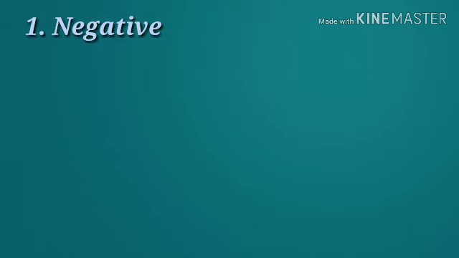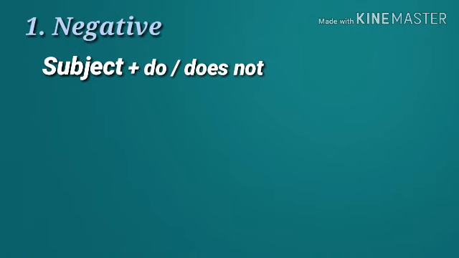To make a negative sentence, it's very important to know the correct structure, which is the subject, do or does, and of course not to make it negative, and the base form verb. Now always remember, because of do and does, the verb should always be in the base form. The subject doesn't matter.